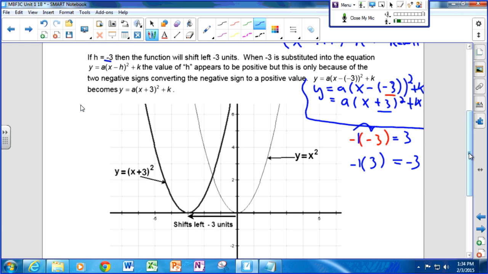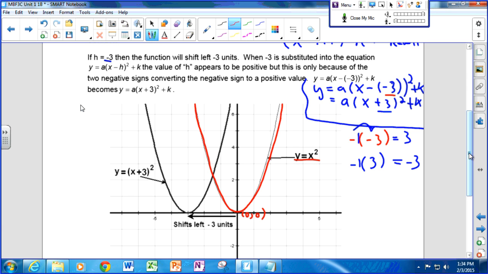Okay, if we were to graph y equals x squared, this is the y equals x squared. It's just going to be a smooth curve right around the origin 0, 0, right down here. This is 0, 0. Okay, it opens up. Y equals x squared opens up because our a value is 1, positive.